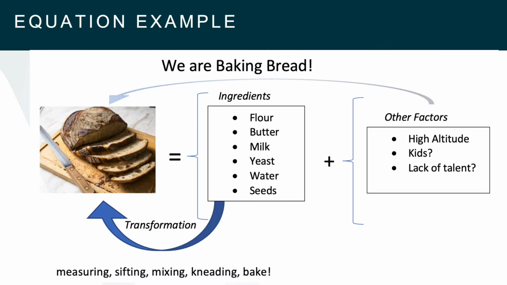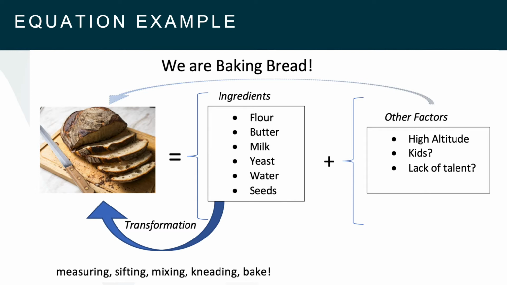Now, I don't know what your life is like or where you live, but I live in Colorado on high altitude, and that always influences what you bake. So I would have to adjust my recipe for that, or otherwise it will influence the quality of the bread when it's done. You can also imagine that if you have children, and I am in that same situation, who get very curious, my daughter will walk up to the oven, mid-bake, open it, and that will actually influence the result.